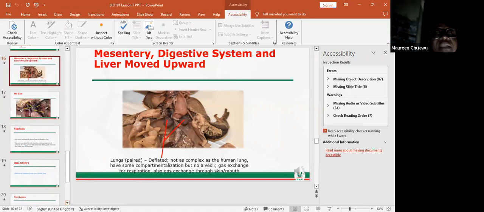Lungs are paired, deflated, and not as complex as the human lung. They have some compartmentalization but no alveoli. Gas exchange occurs in respiration, and also through the skin or mouth.